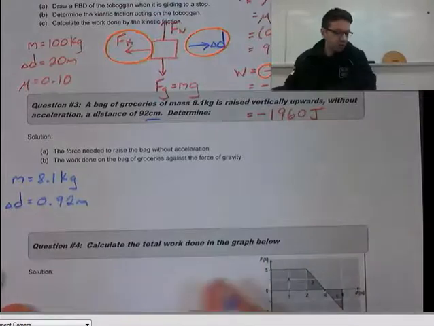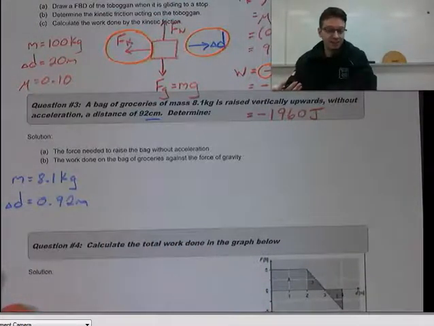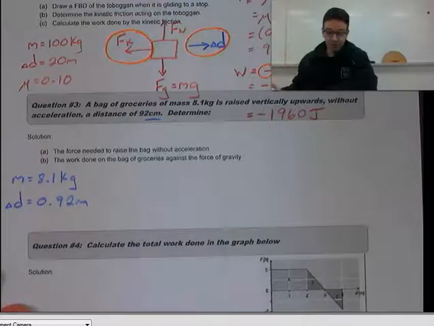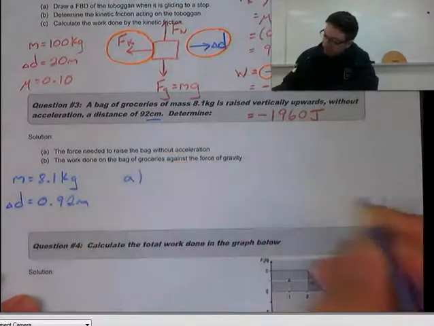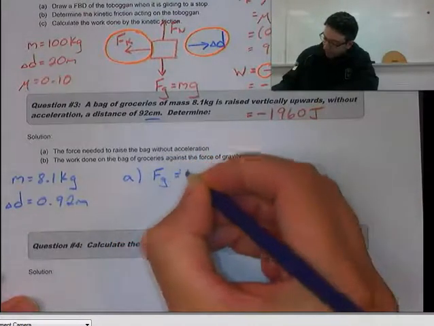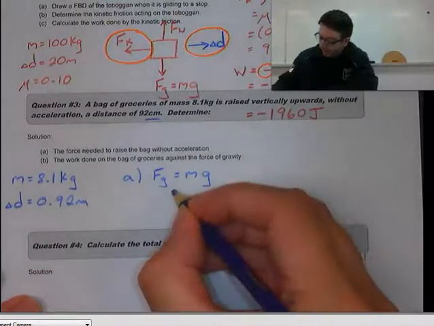Determine the force needed to raise the bag without acceleration. To raise something without acceleration, you need to be providing an upwards force that is equal but opposite to the downwards force. In this case, the downward force is gravity. So we would need to calculate that gravitational force, which would be mass times gravitational field strength, 9.8.